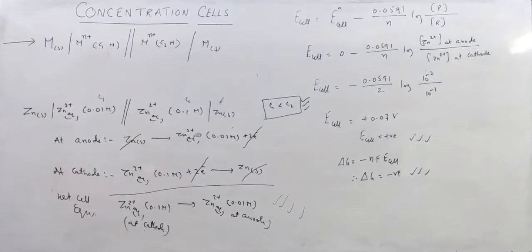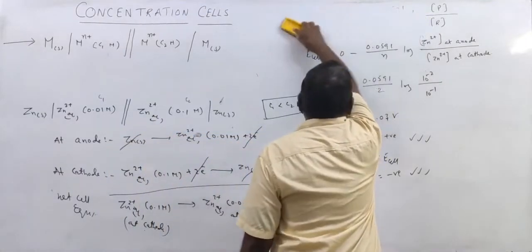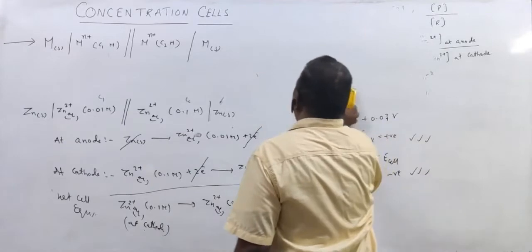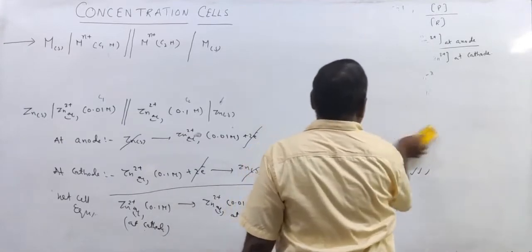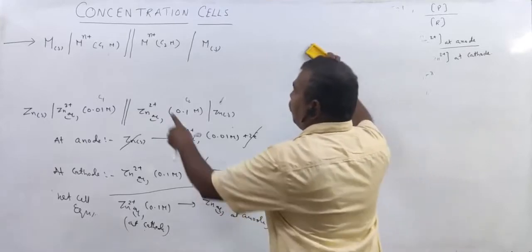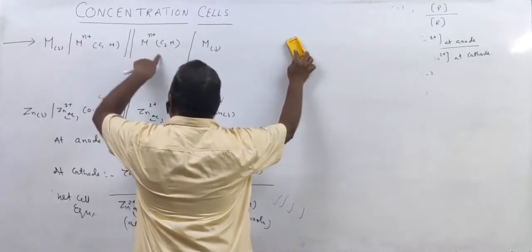This is the general way of representation of concentration cells. Moreover, here the active mass of the solid is the same, but the active mass of the electrolytes are different.